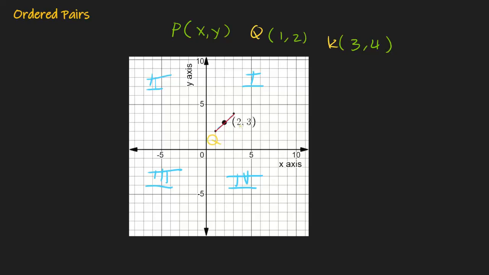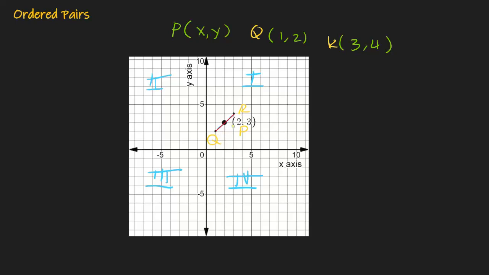We don't really have a name for it, but we labeled 3, 4 respectively as R. If we wanted to, we could call 2, 3 P. So we have the segments PQ and PR.